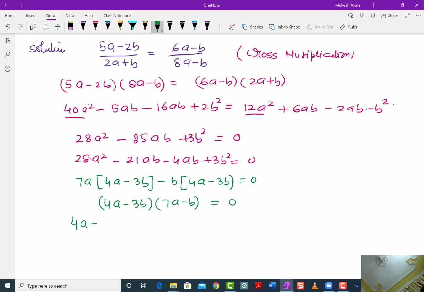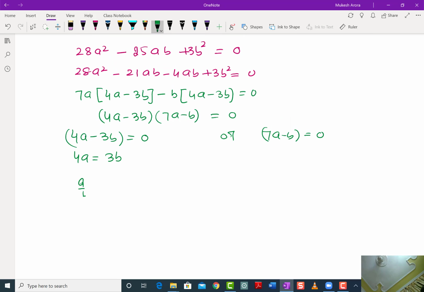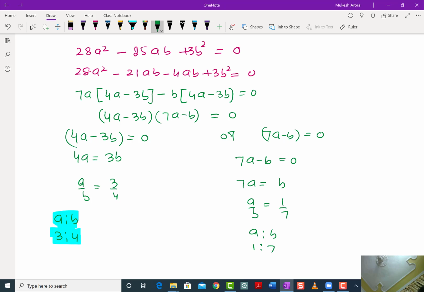It will be 4a minus 3b is equal to 0, or 7a minus b is equal to 0. 4a is equal to 3b, so a by b is equal to 3 by 4, a ratio b is 3 ratio 4. This is one answer. And the second answer we get from here: 7a minus b is equal to 0, 7a is equal to b, a by b is 1 by 7. Another answer is 1 ratio 7.